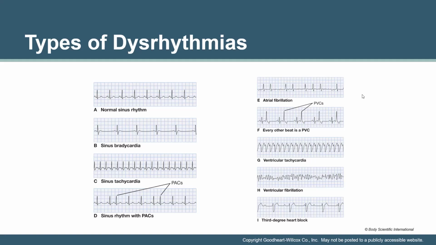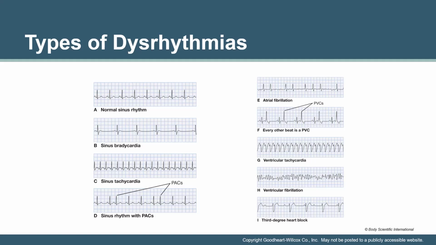Atrial fibrillation, letter E on this picture, happens if we have atria that are irritated, causing them to beat at a rate greater than 350 beats per minute. They don't really beat, they shake.